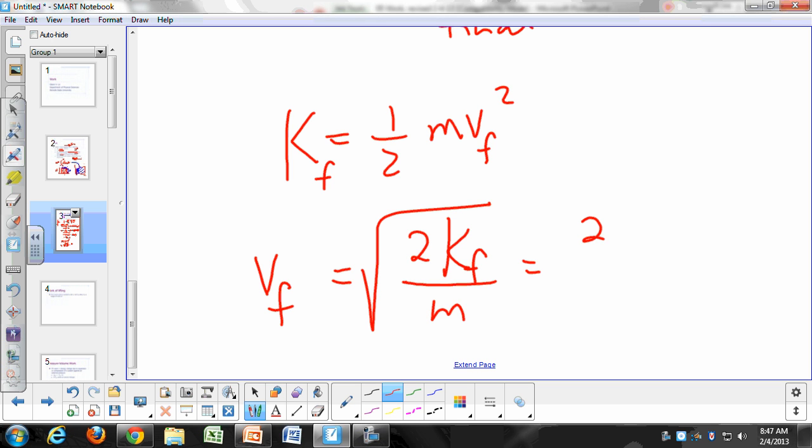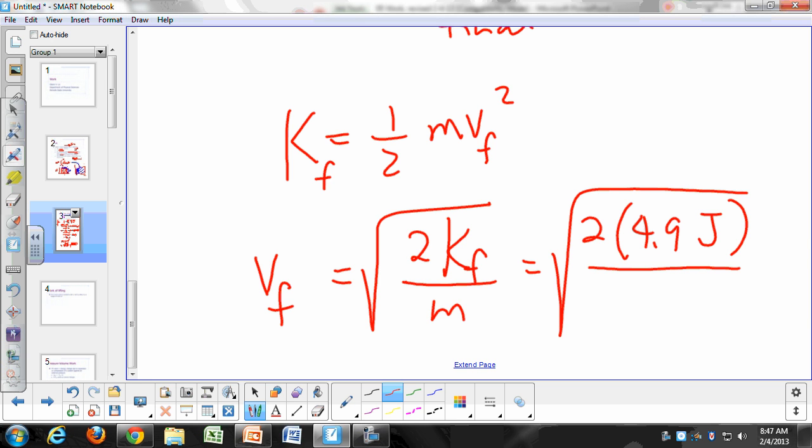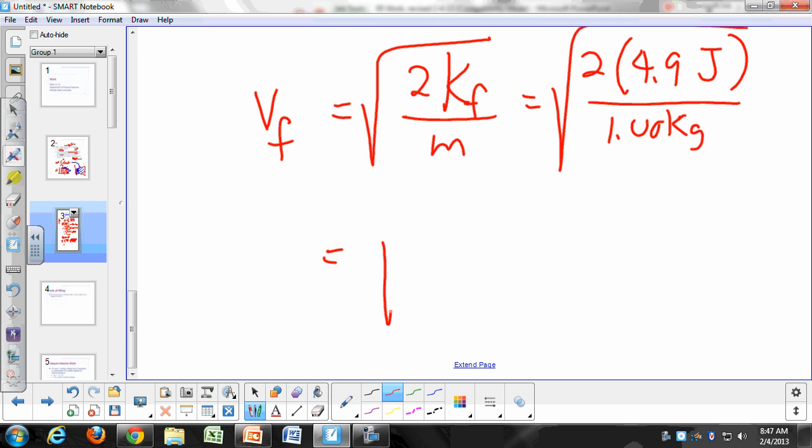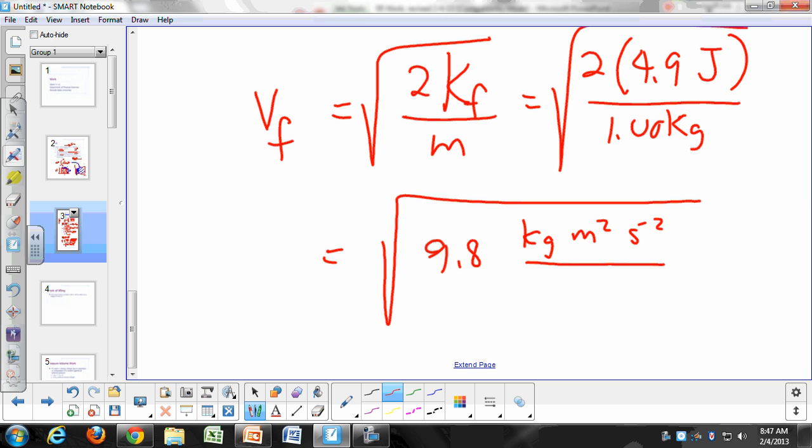So it's equal to the square root of 2 times 4.9 joules divided by the mass, which is 1.0 kilogram, so the square root of 9.8. What's our unit? Joule is kilogram meter squared per second squared, and our unit for mass is kilograms.